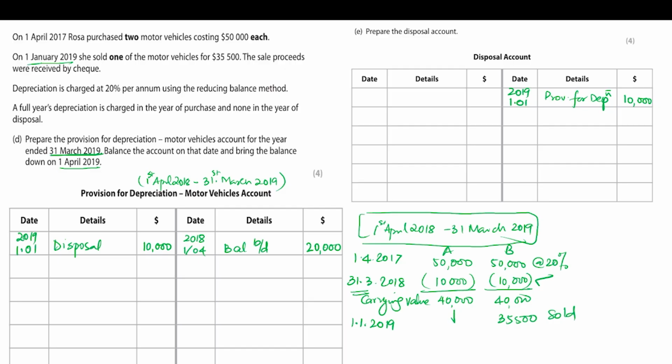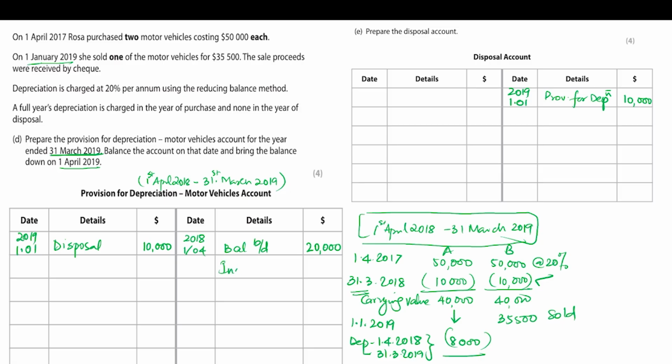What is remaining over this is this, so the depreciation for this is 40,000. Depreciation for 1/4/2018 to 31/3/2019 is 8,000 at the rate of 20% on the carrying value. So we will charge the depreciation.